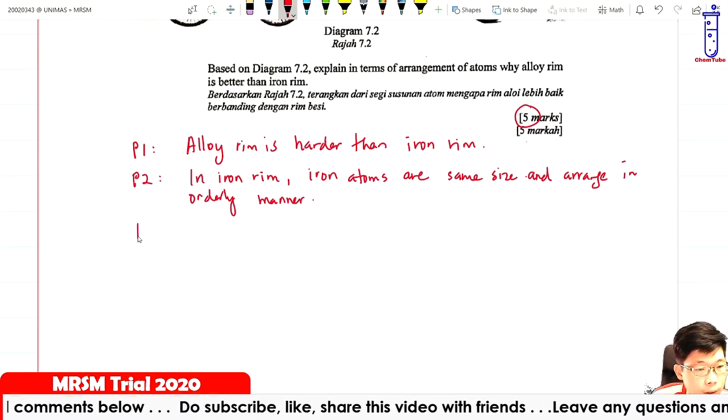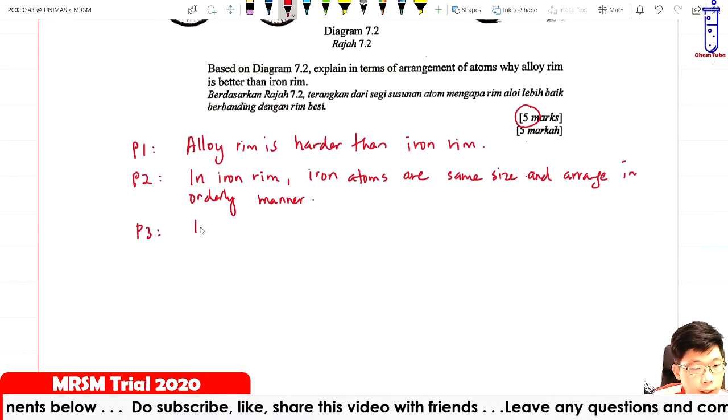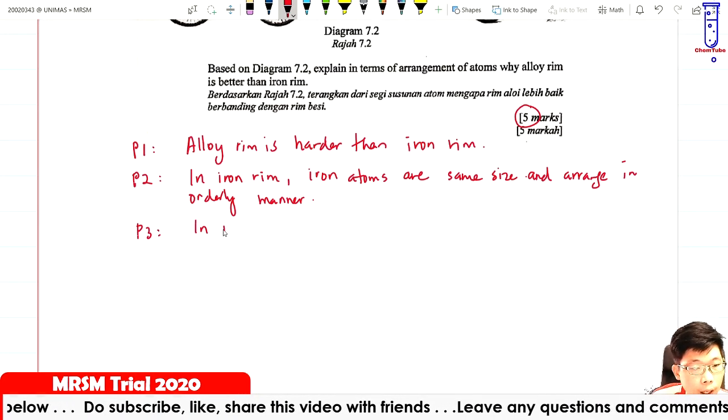Point number 3, we can mention in the alloy rim.